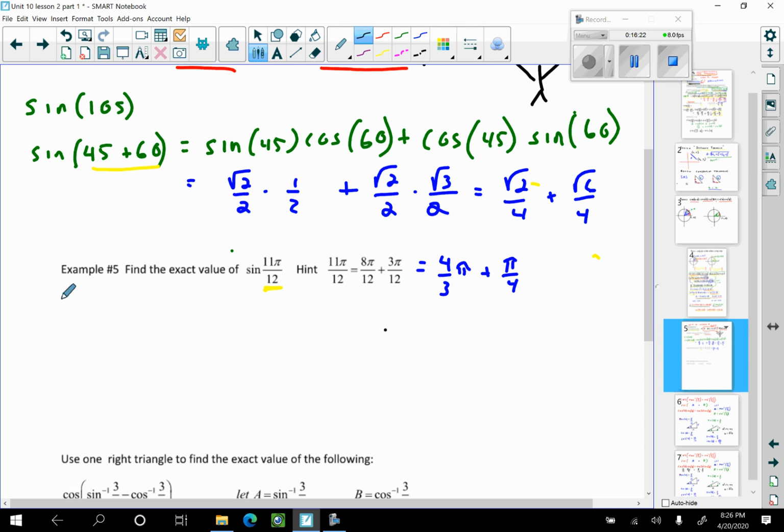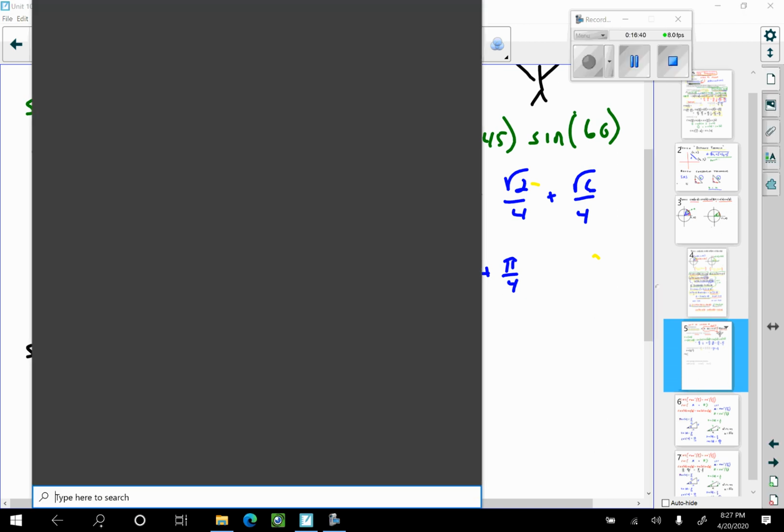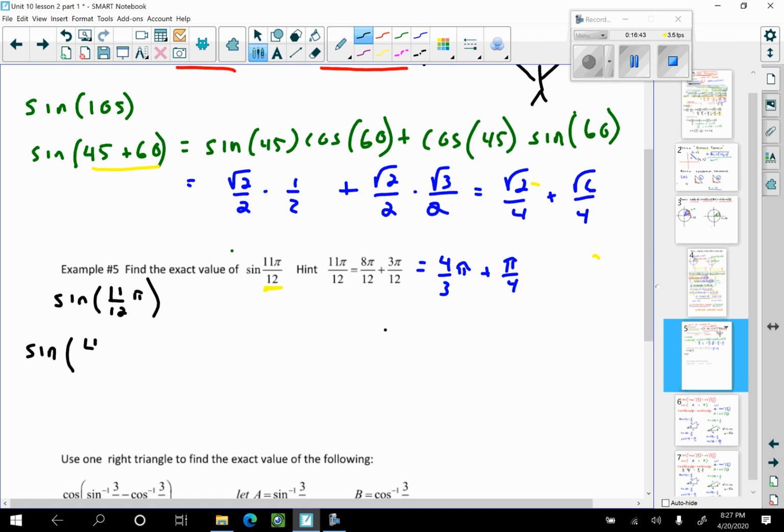If I want to find the exact value of the sine of 11 pi over 12, that is going to be the sine of the two nice angles added together, pi over 4 plus the other angle.